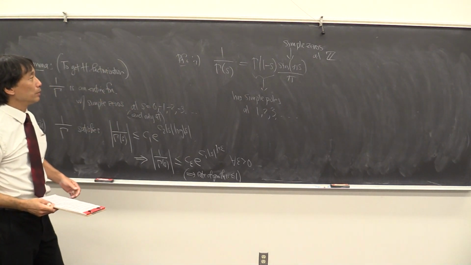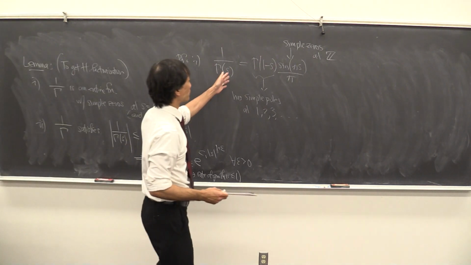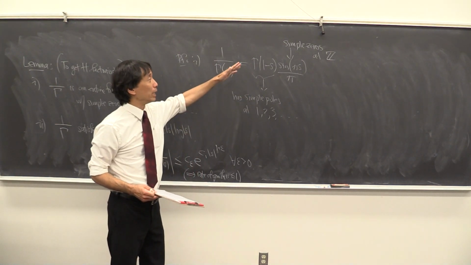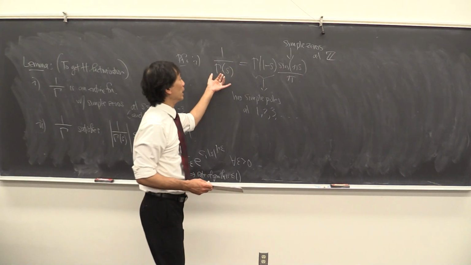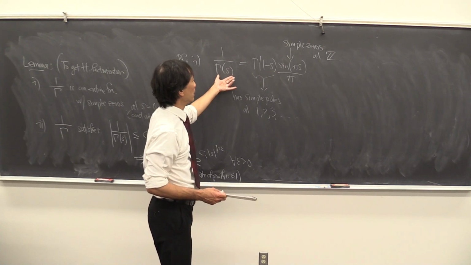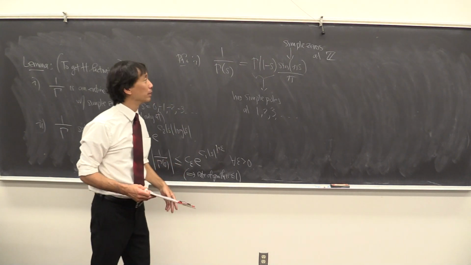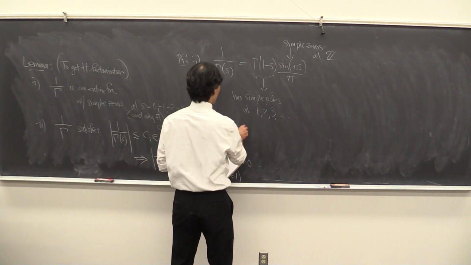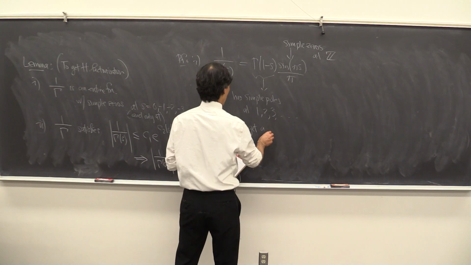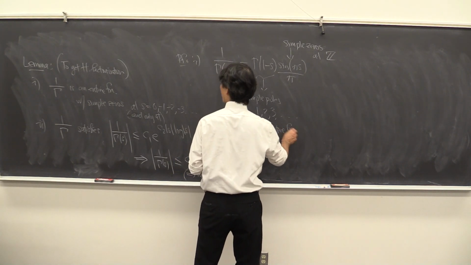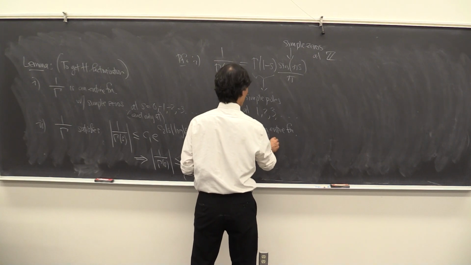So those poles will be canceled out, and we're going to end up with a function that has zeros at 0, -1, etc. So we get an entire function with simple zeros in the right places.